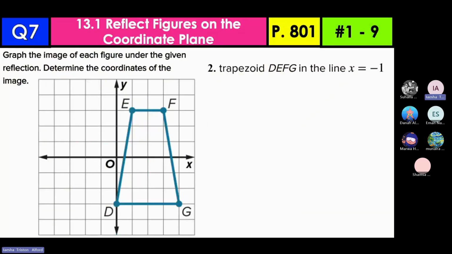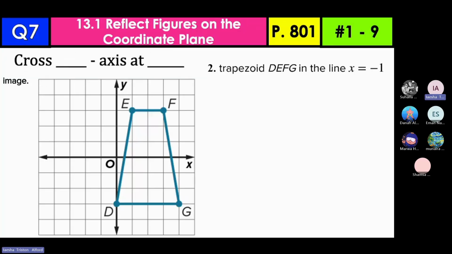Okay? So this one, it's question number 7. They want you to graph the image of each figure under the given reflection. Determine the coordinates of the image. So we have this trapezoid, trapezoid DEF, and we're going to reflect in the line x equal -1. So cross what? X-axis.